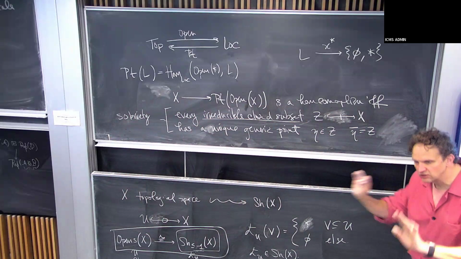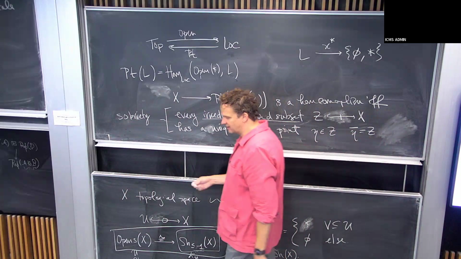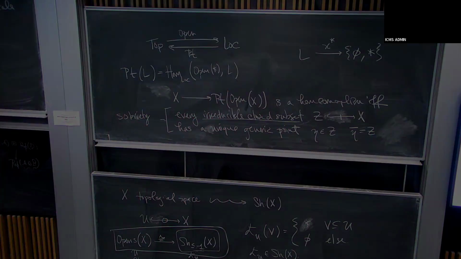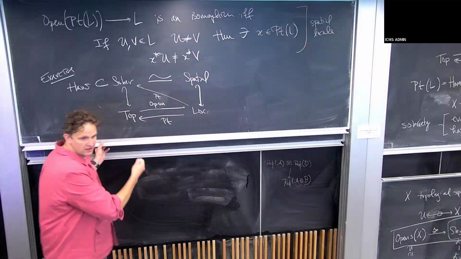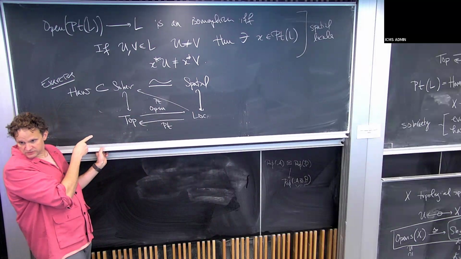I'm only looking at the complex points, at this thing as a subset, but not a subspace anymore, of C to the n. And now what I'm giving you here is a recipe for soberification. You can sober up any space that you want.